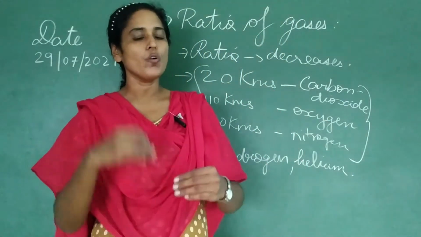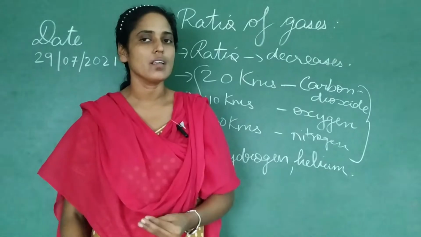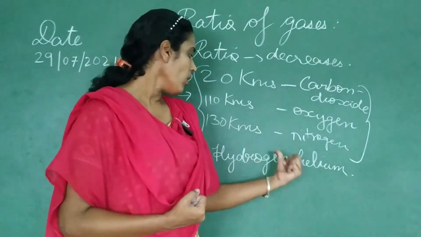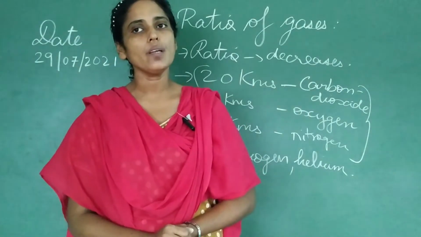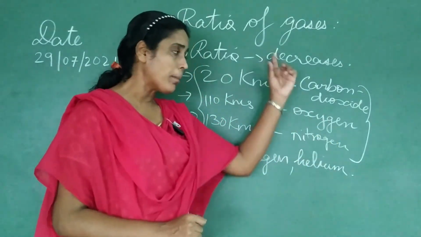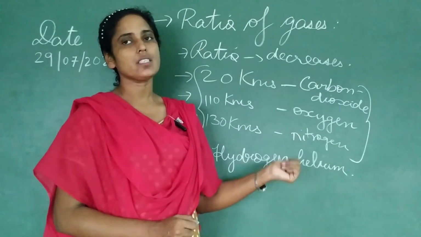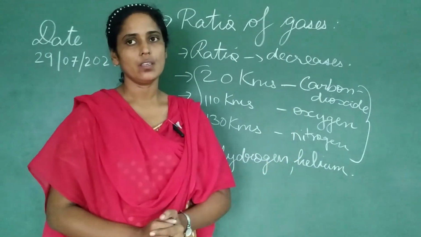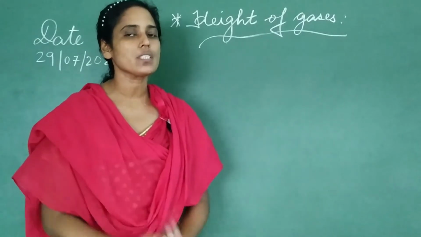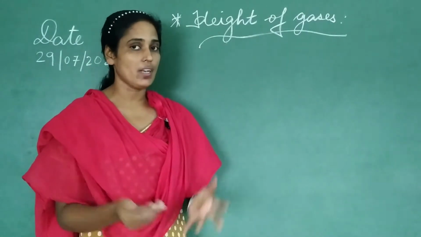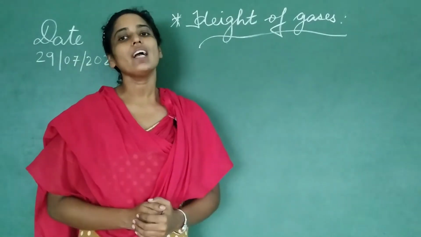So that is why those who go for mountaineering carry oxygen cylinders with them so that they can breathe easily. These 2 gases are found at higher altitudes, and these are comparatively lighter gases in comparison to these 3. So as we go to high altitudes, helium and hydrogen are the 2 lightweight gases found in the atmosphere.